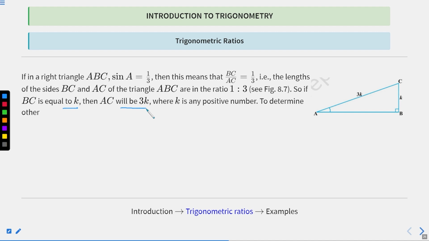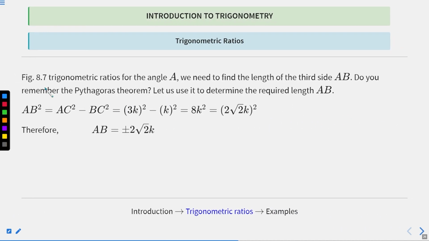To determine the other ratios, we need to find the value of AB. So from figure 8.7, for the trigonometric ratios of angle A, we need to find the length of the third side AB. Do you remember the Pythagoras theorem? For finding the length of the side AB, you can use the Pythagoras theorem. So let us use it to determine the required length AB. Pythagoras theorem: hypotenuse square is equal to the adjacent side of angle A square plus the opposite side of angle A square.